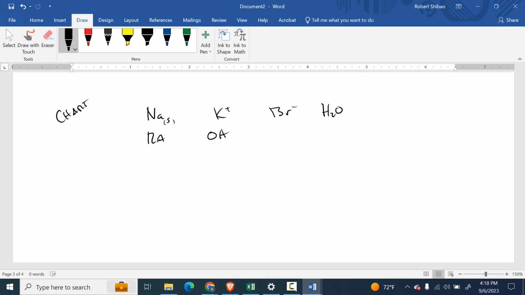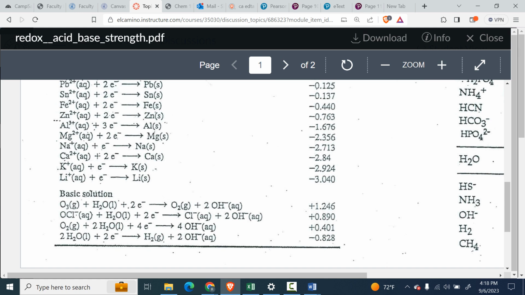Do you find it on the chart? What is it? Reducer. Water is both an oxidizer and reducer. So we got to pick the strongest oxidizer. Potassium ions versus water, which one wins? Looks like potassium ions win. Do you see it?